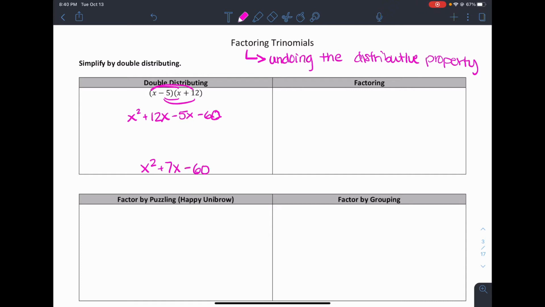Now, if I were to ask you to factor x squared plus 7x minus 60, you might have a harder time doing that. But let's take a look at where each thing came from. The x squared came from the x times the x, right? So it just is the first two terms. And when this number in front is 1, like it is, 1x squared, this is actually as easy as factoring gets.